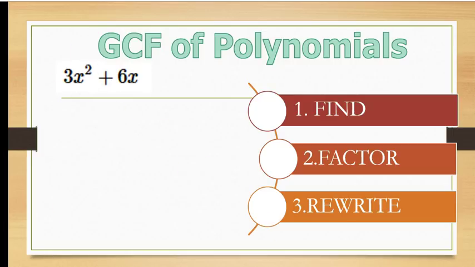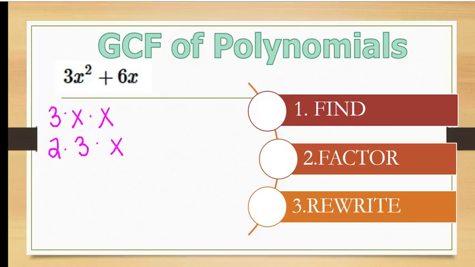All right, let's take a look at this one. We have 3 times x times x. And from the second term, we'll have 2 times 3 times x.